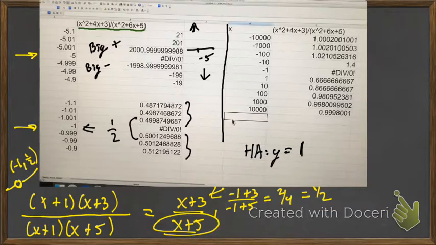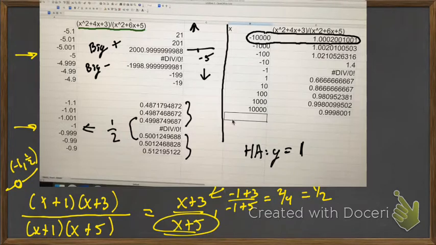Now, as I get further and further off in both the left and the right hand directions, as we get further to the left, going off to negative infinity, we have negative 1,000 as the x value, and the y value looks pretty close to 1 to me.